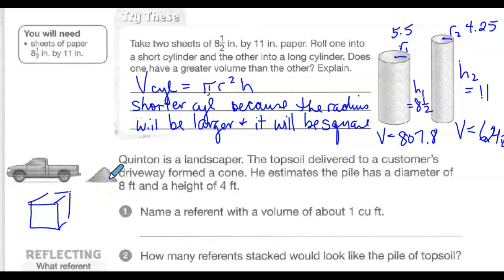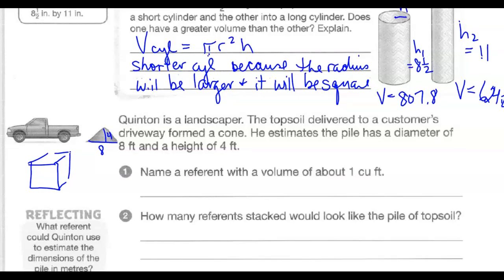He estimates the pile has a diameter of 8 feet, so all the way across is 8, and a height of 4. Okay, so obviously we can calculate the volume of that, but we're trying to do some estimating. It says name a referent with a volume of about 1 cubic foot.